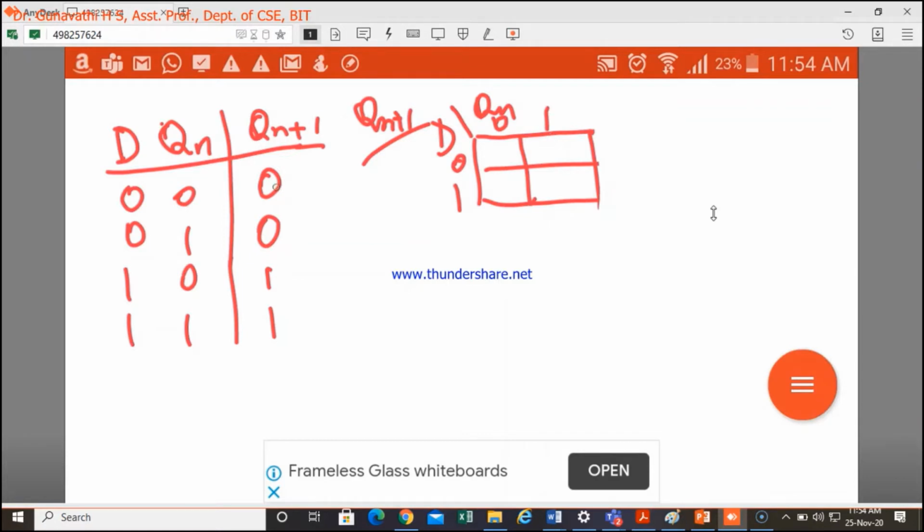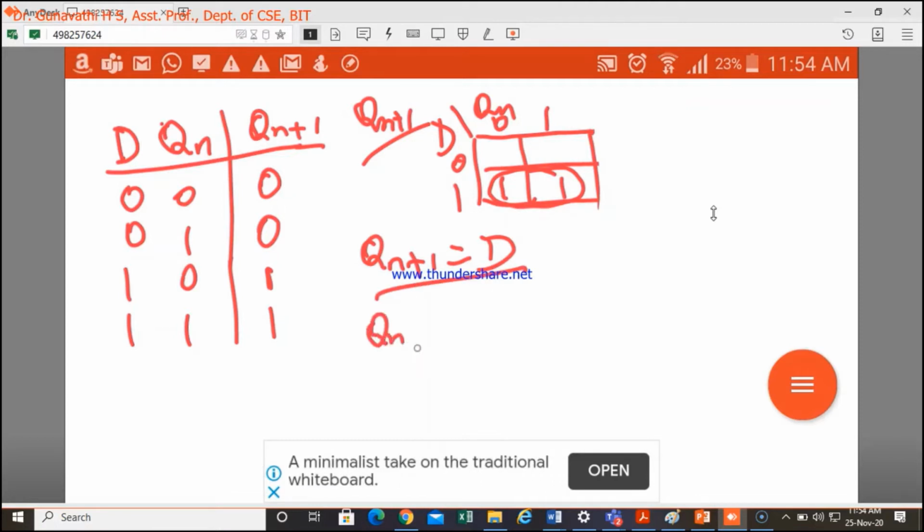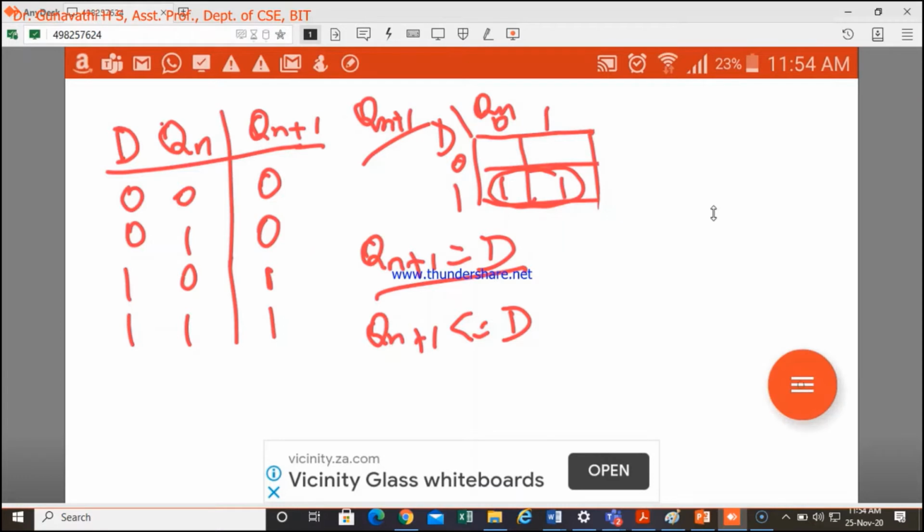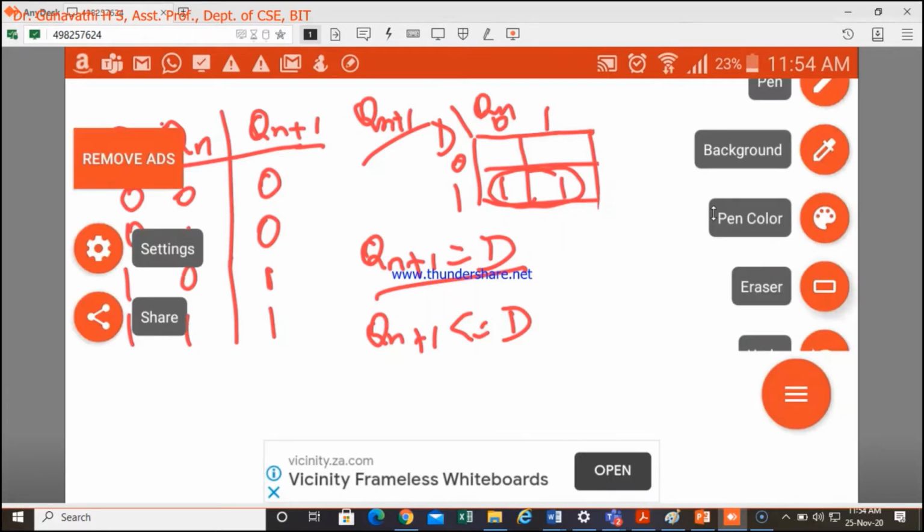The entries here are 0 in location 0, 1 in location 0, and 2 and 3 it is there. You write down, do the grouping. Only one group. So Qn plus 1 is D. That's it. If I want to write this in VHDL code, very simple now. Qn plus 1 will be assigned with D. That's it. So now we'll look into the T flip-flop.